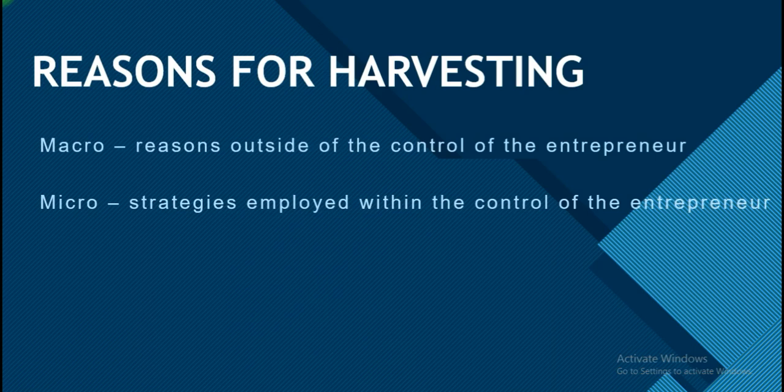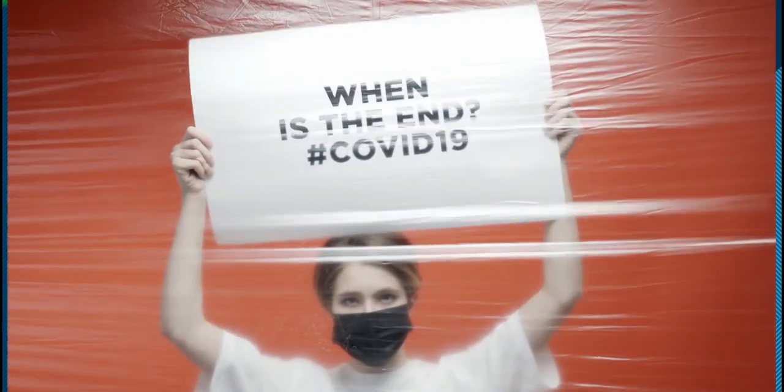Now, these are essentially variables in the environment, so they are outside of the span of control of the entrepreneur. They are those variables which impact pressure upon the entrepreneur and force the entrepreneur to have to close the business. Look, for instance, at the pandemic, the COVID-19 pandemic.